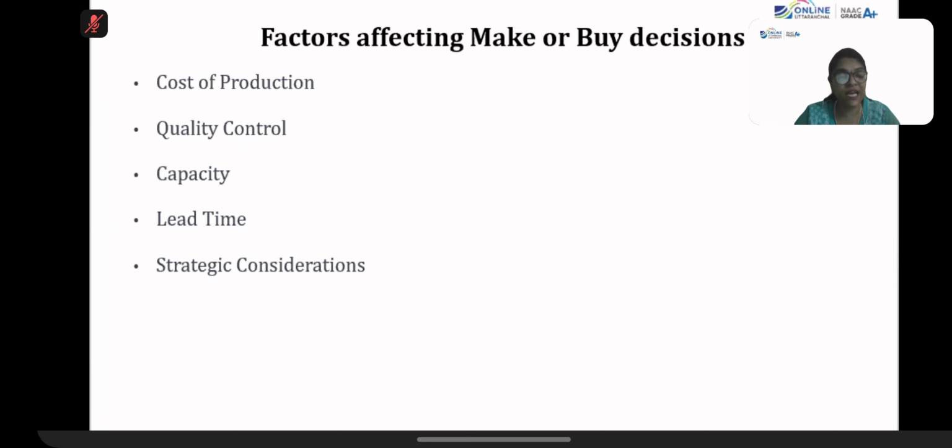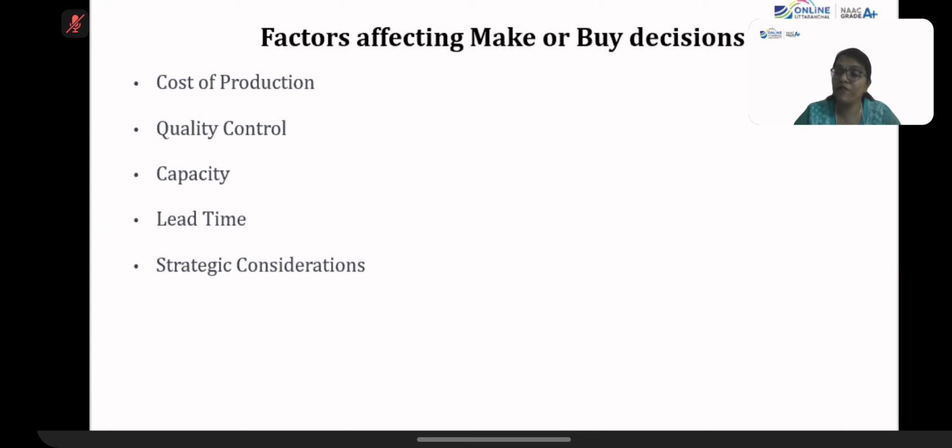Then comes your lead time, that means the time required to produce the product, which will affect your decision. The faster your product is produced, the sooner you can deliver to the customer, and the customer will be happy.